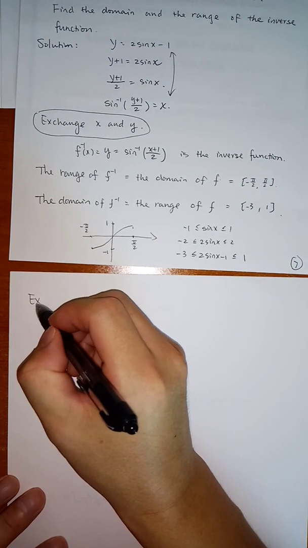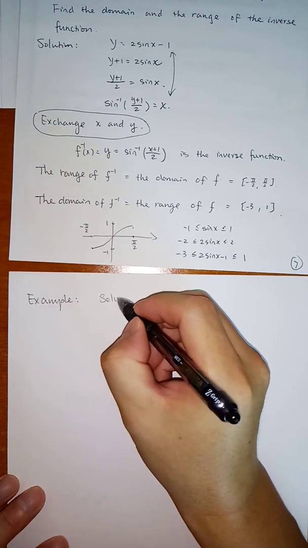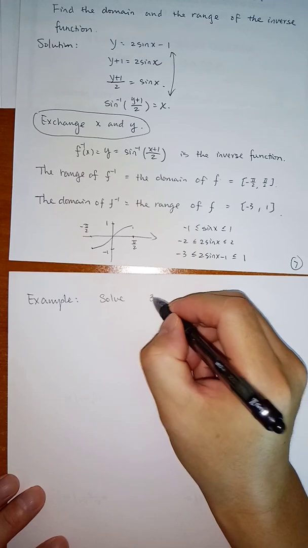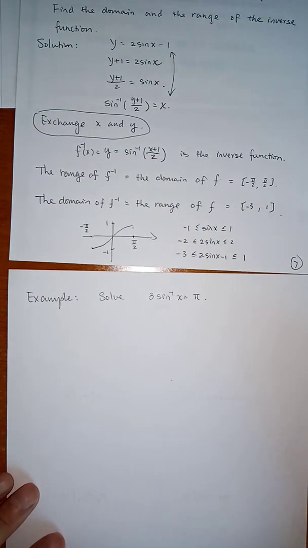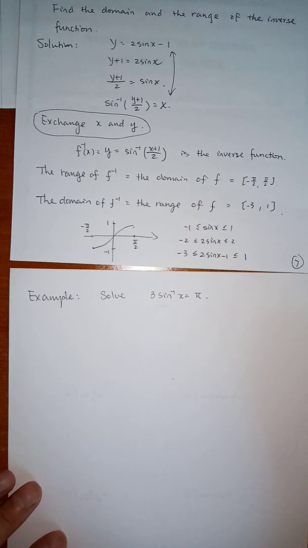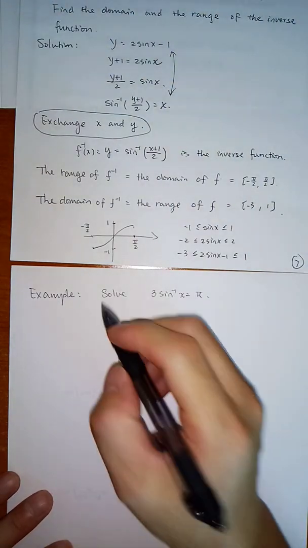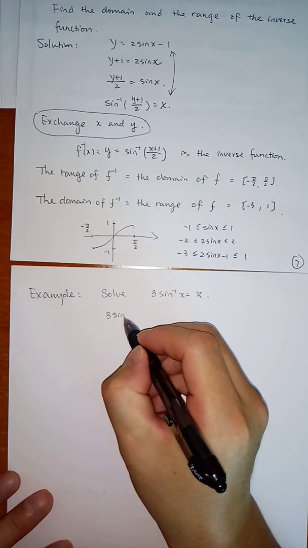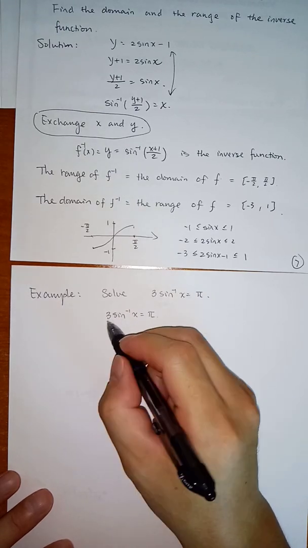The last example. Solve 3 sine inverse of x is equal to pi. Solve this equation. Well, how do we solve it? We'll just go step by step and simplify it. We divide the equation by the coefficient.